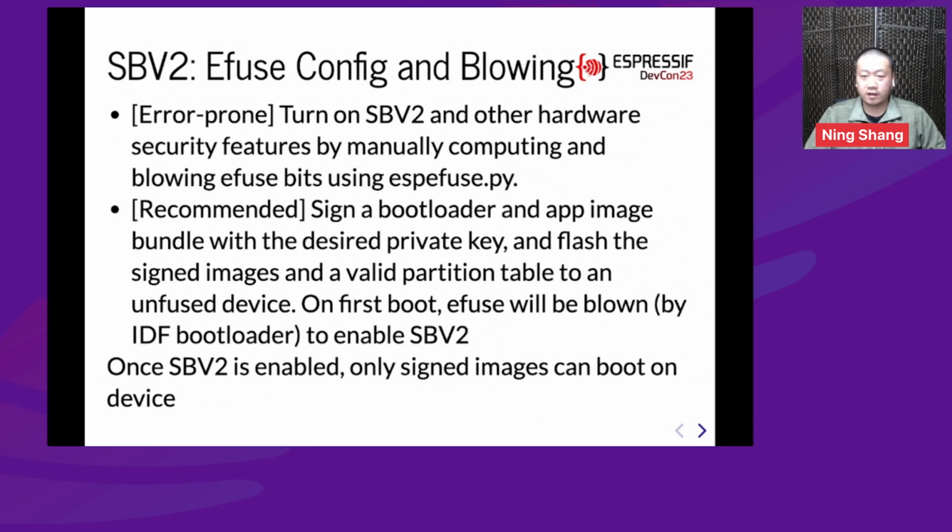So this is taken care of by the bootloader in one shot, and it only requires the flashing of the images. So that's the recommended way. As I mentioned before, once Secure Boot v2 is enabled, only signed images can boot on the device. So we need signing continuously.